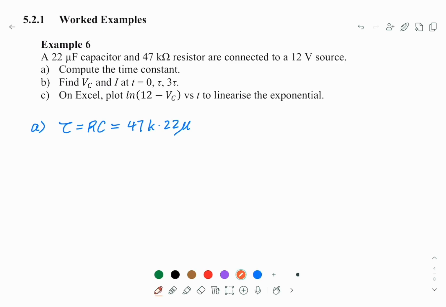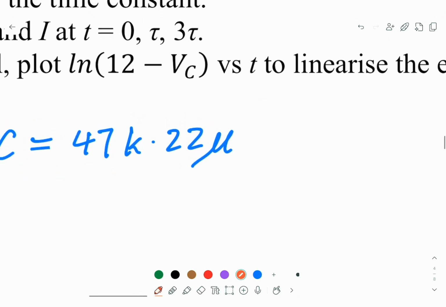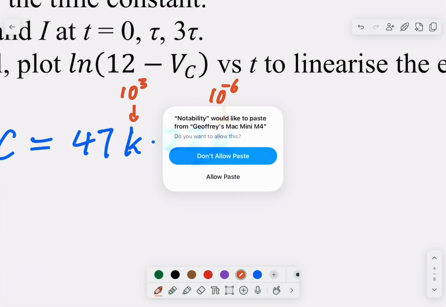Now remember the K here is 10 to the power 3, and this one is 10 to the minus 6. So when they combine, it's 10 to the minus 3.